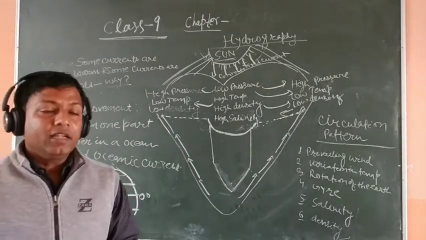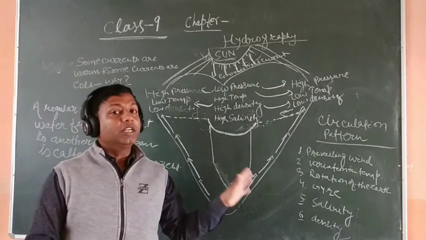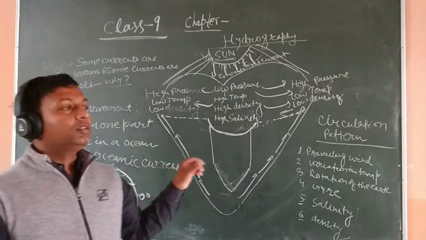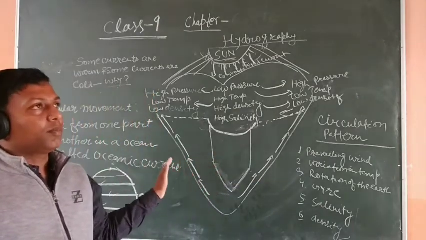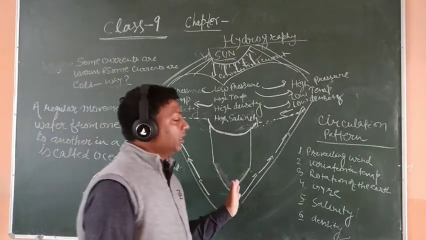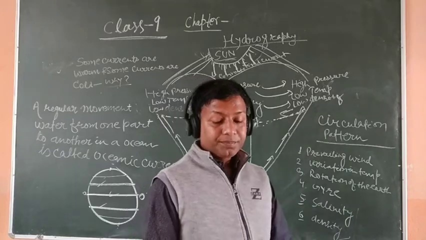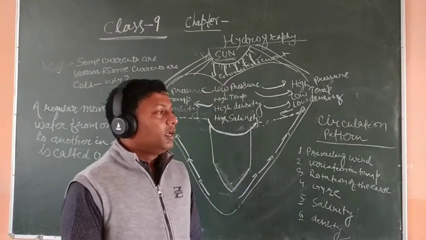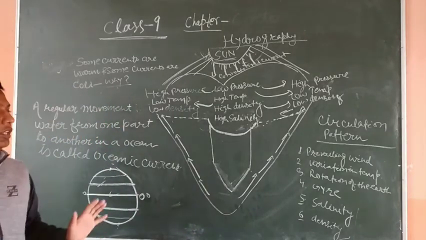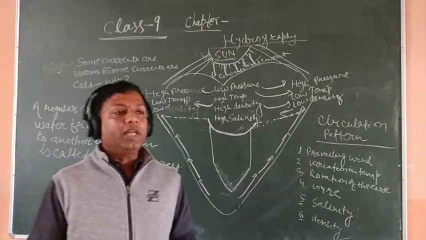On the contrary, it is opposite for oceanic currents. Oceanic currents are not named by where they come from; they are named by where they go. Definitely the push of the prevailing winds also determines the direction of oceanic currents.